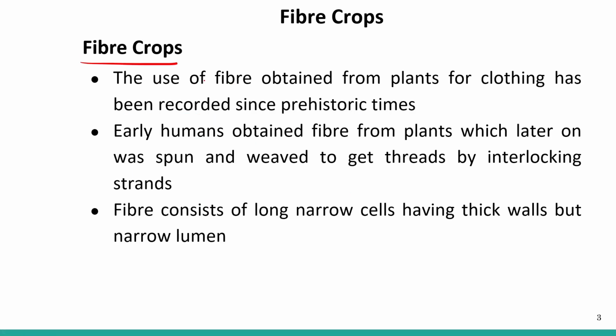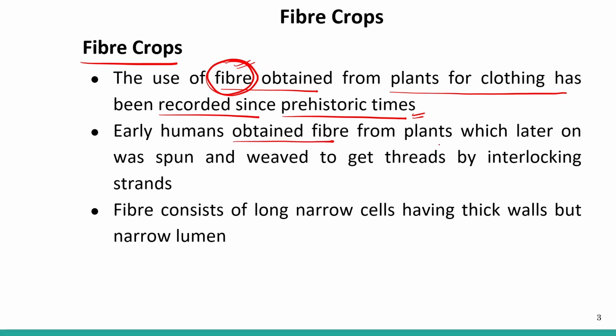Fiber crops. The use of fiber obtained from plants for clothing has been recorded since prehistoric times. So we are using this fiber obtained from the plant for making our clothing, right? The early humans obtained fiber from the plant, which later on was spun and weaved to get threads by interlocking the strands.